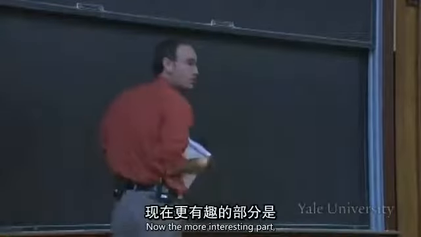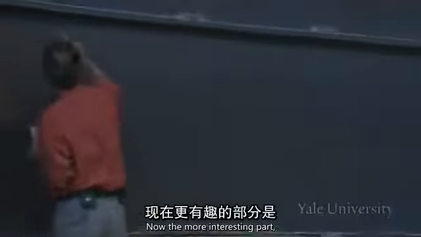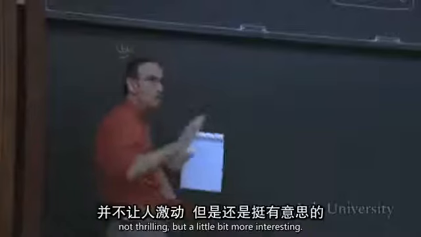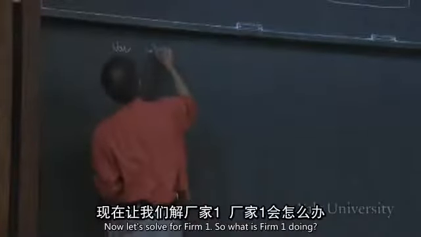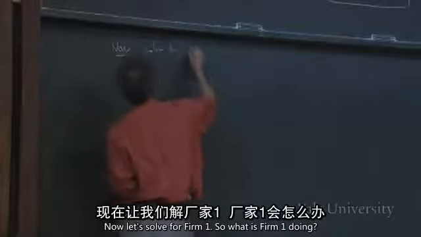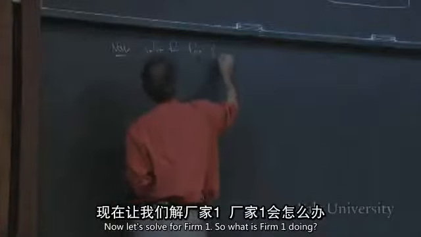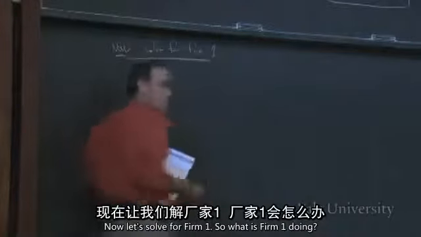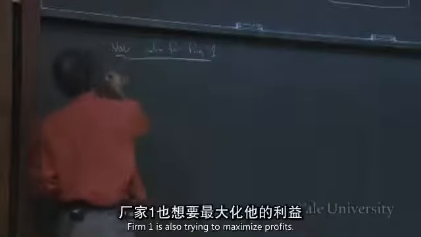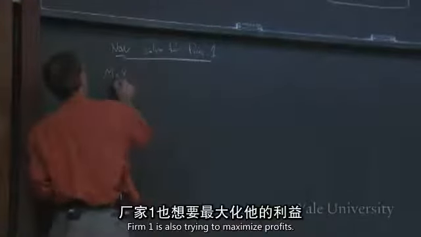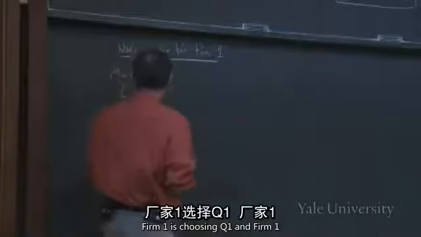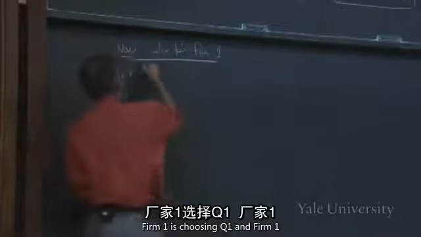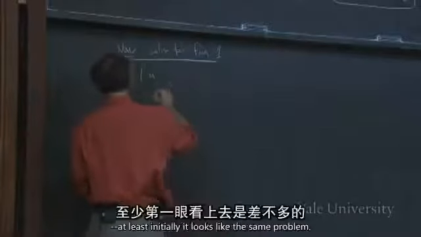Now the more interesting part. Not thrilling, but a little bit more interesting. Now let's solve for firm 1. So what is firm 1 doing? Firm 1 is also trying to maximize profit. Firm 1 is choosing Q1. And at least initially, it looks like the same problem.